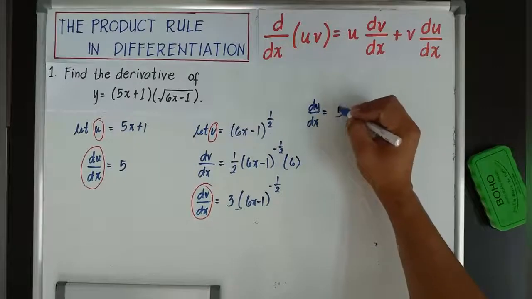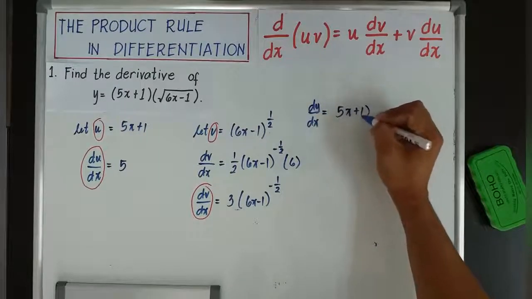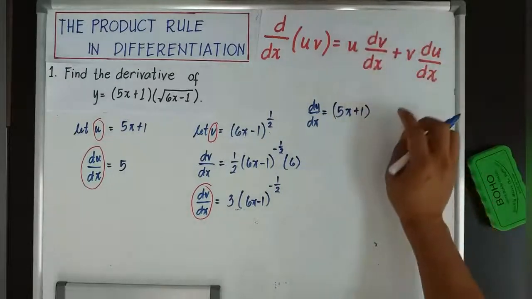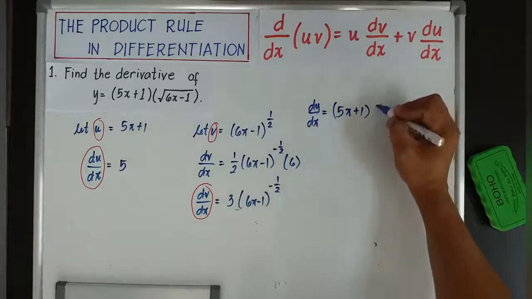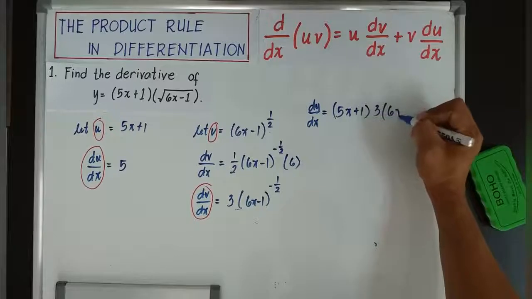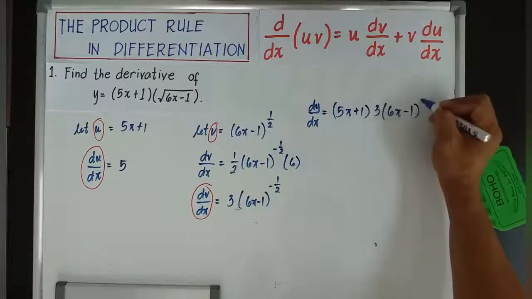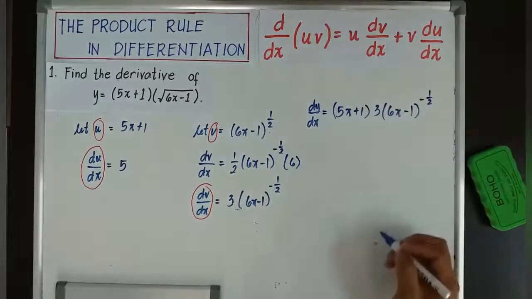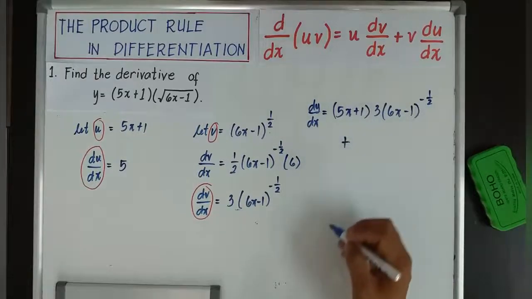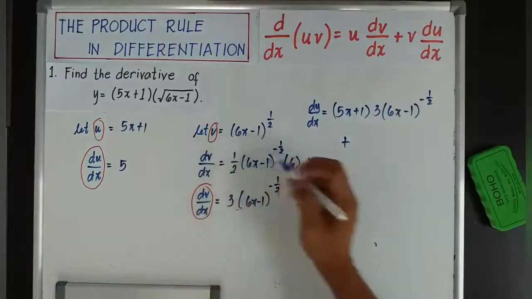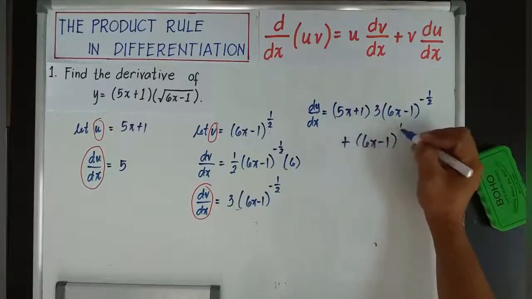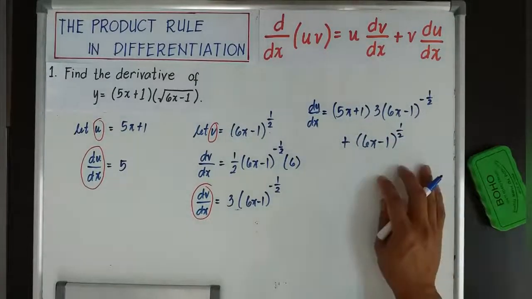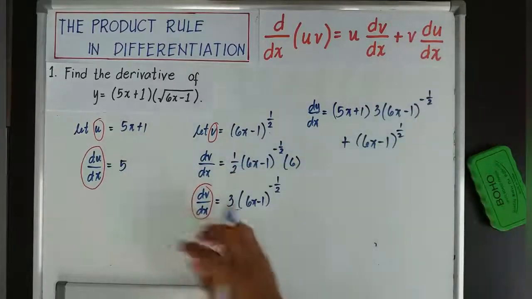It is 5x plus 1. What is dv over dx? It is this, so times 3 times 6x minus 1 to the power of negative 1/2. Then you add that to the v. v is 6x minus 1 to the power of 1 over 2. What is du over dx? It is 5.